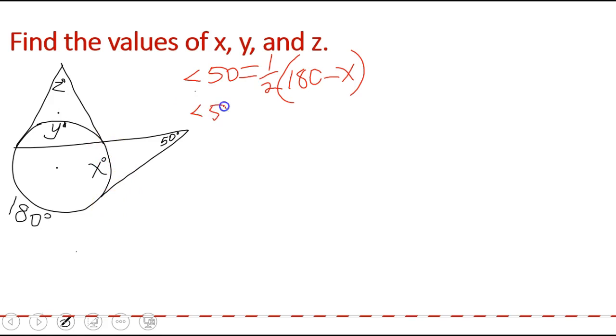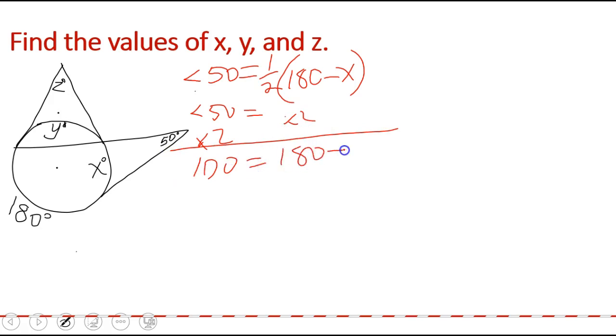So now angle 50, we can multiply both sides by 2 to get rid of this 1/2. Then we have 100 equals 180 minus x.